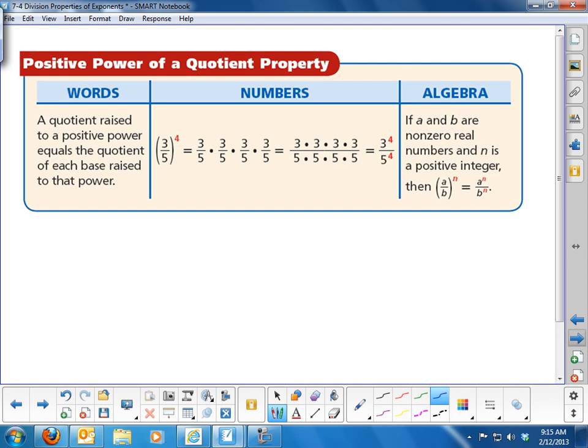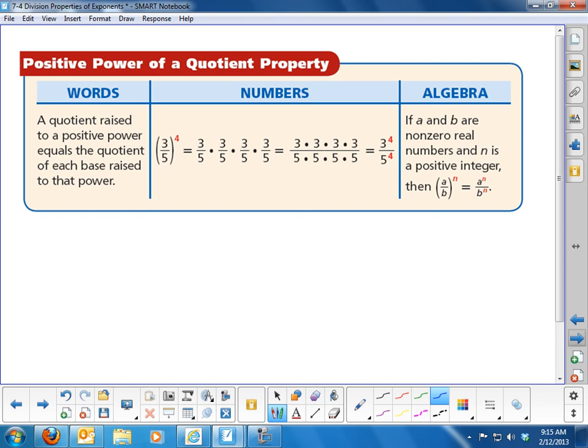Next property, positive power of a quotient property. This is when you have a quotient raised to a positive power. What we need to do here is make sure that both the numerator and the denominator of the quotient receive that power of 4. So 3 fifths to the fourth power is 3 fifths times 3 fifths times 3 fifths times 3 fifths.